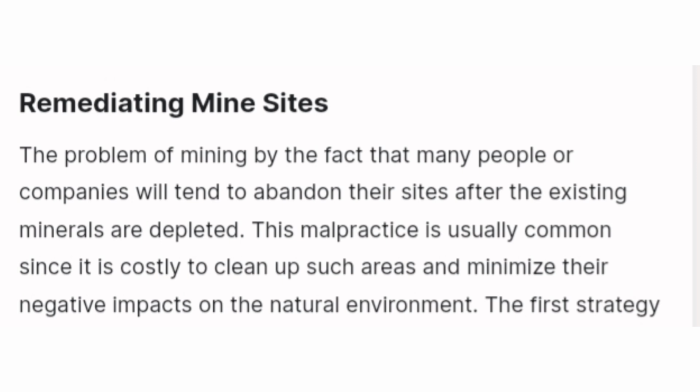Remediating mine sites. The problem of mining is compounded by the fact that many people or companies will tend to abandon their sites after the existing minerals are depleted. This malpractice is usually common since it is costly to clean up such areas and minimize their negative impacts on the natural environment.